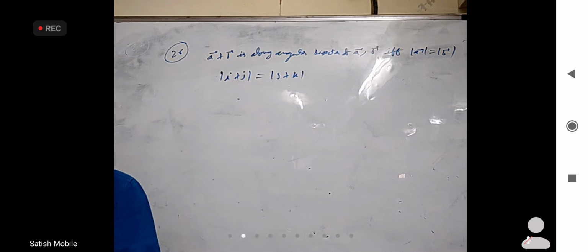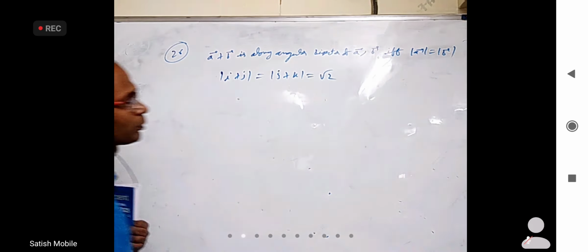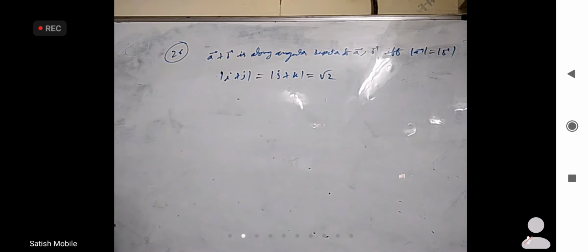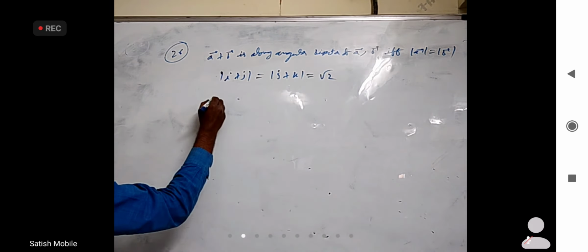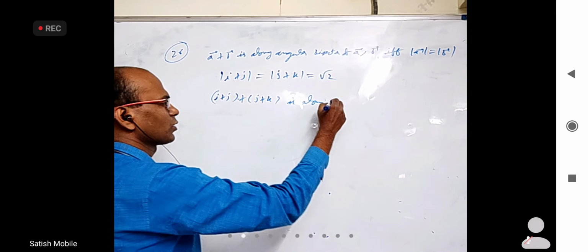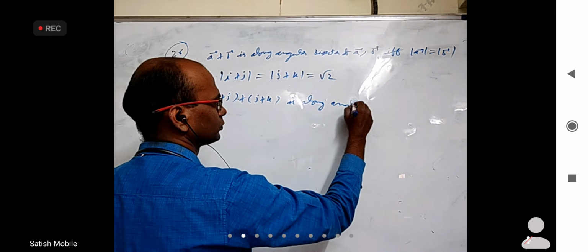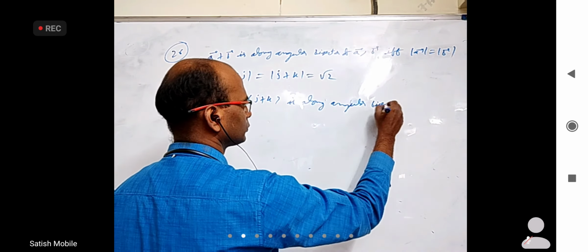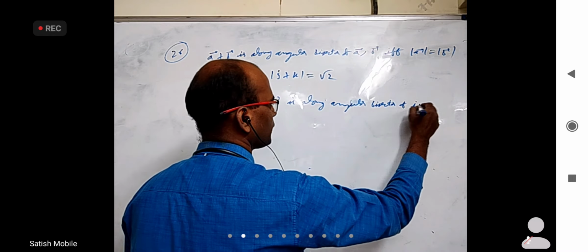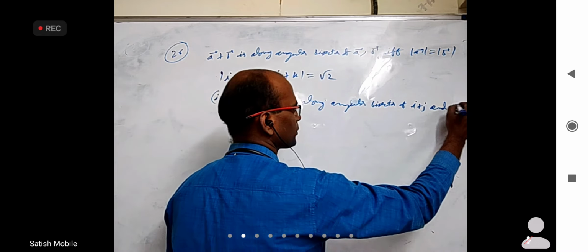Anyway, i plus j and j plus k both are of the same magnitude, root 2. Because of the same magnitude, directly i plus j plus k is along the angular bisector of i plus j and j plus k.